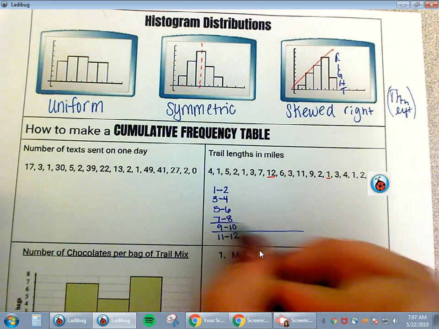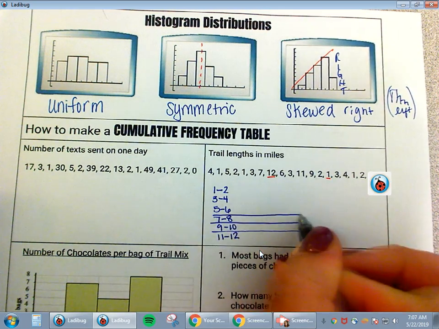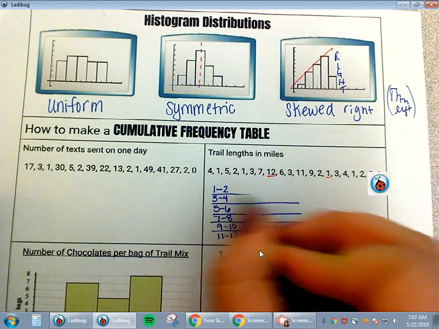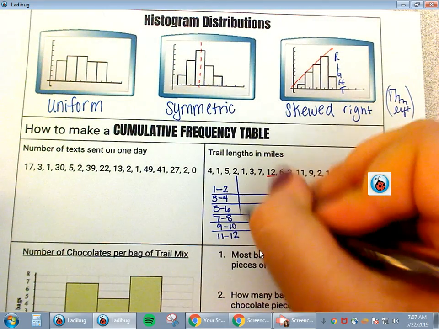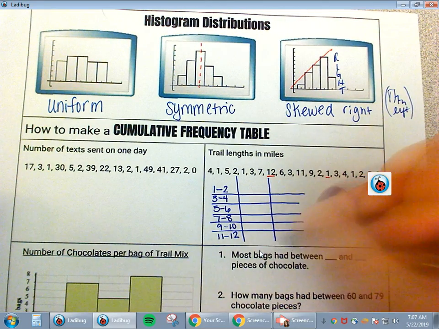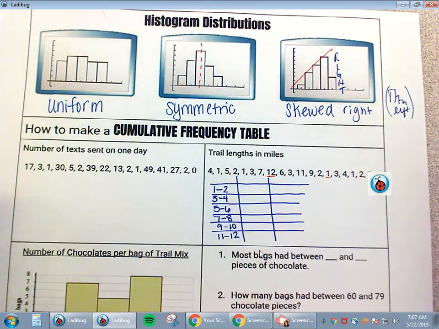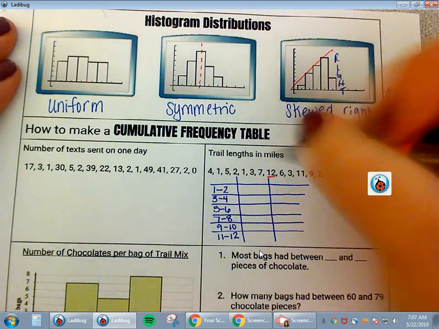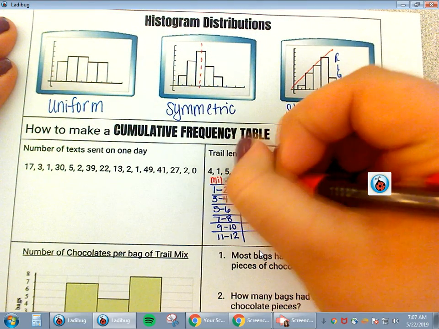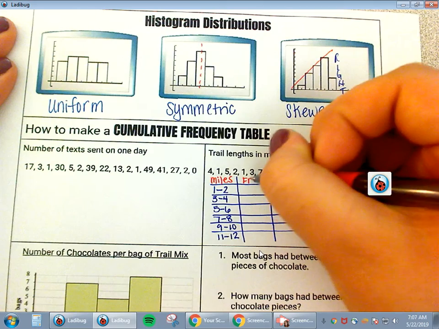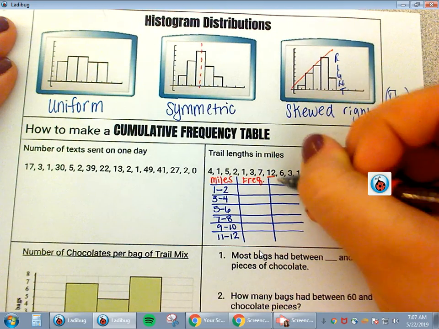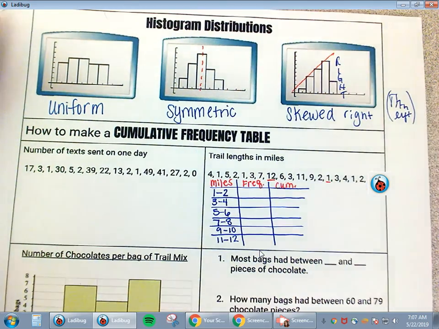I'm going to make a long line for this one because we're going to add a column. So for these guys, we again have the trail length in miles, and then we'll do frequency, and then at the end we'll add our cumulative frequency.